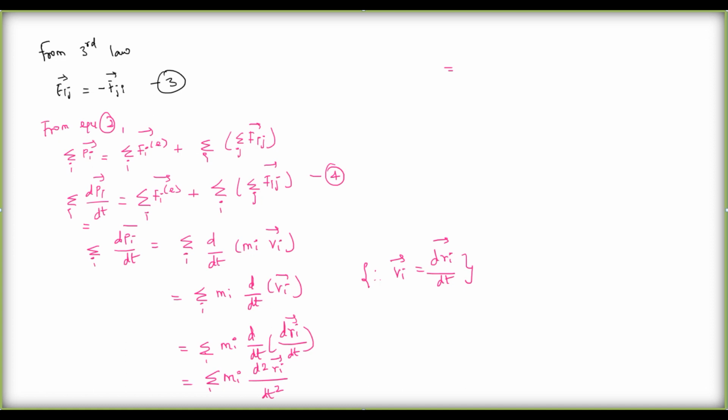So summation i, dou square by dt square of mi ri. This is the value of summation i dpi vector by dt.